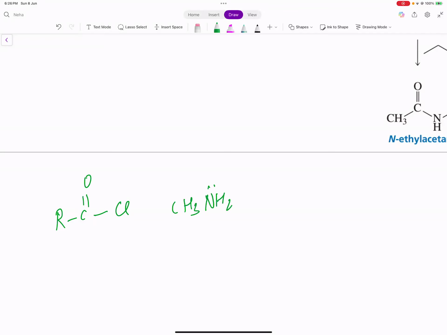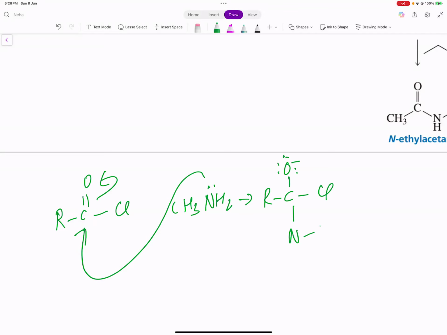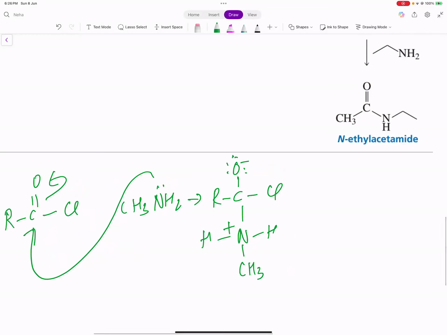The first step is this, and it opens up. I get a tetrahedral intermediate, RCO minus, Cl, and nitrogen with H and CH3, and nitrogen as a plus, right?